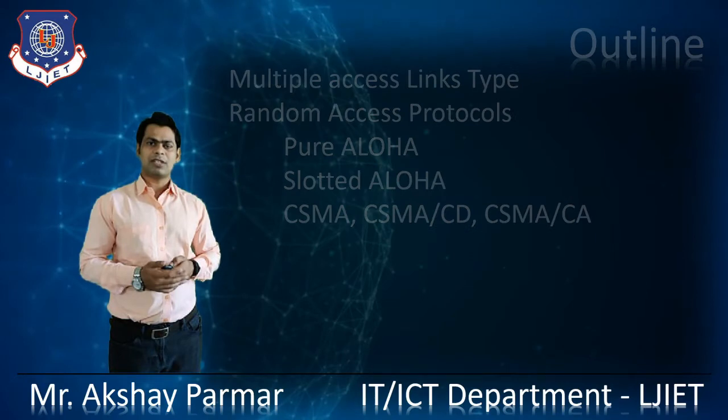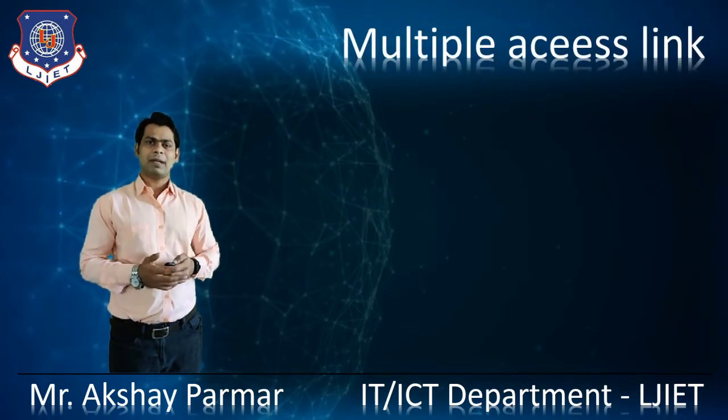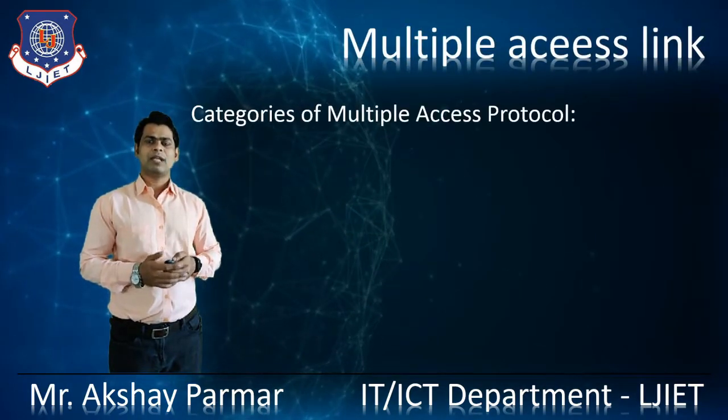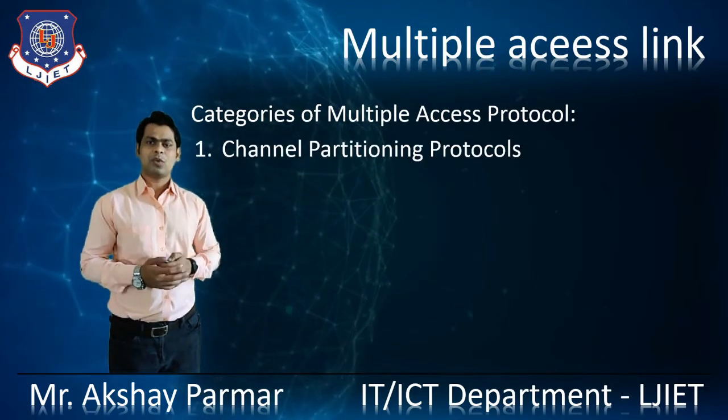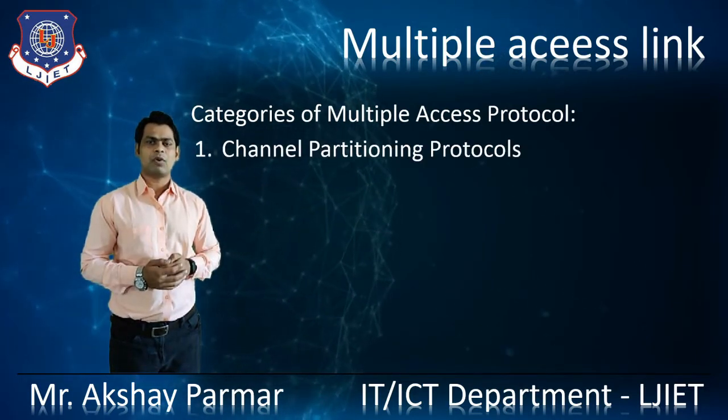So in this session, let's start with the multiple access link and its types. There are various categories of multiple access protocol. The first one is the channel partitioning protocol.